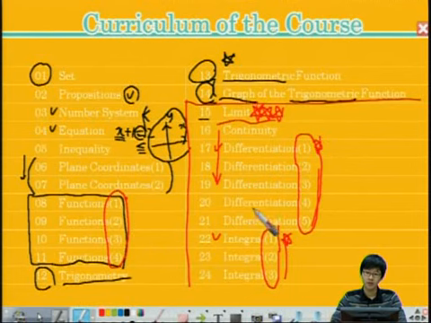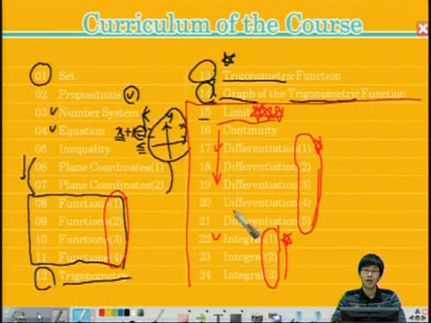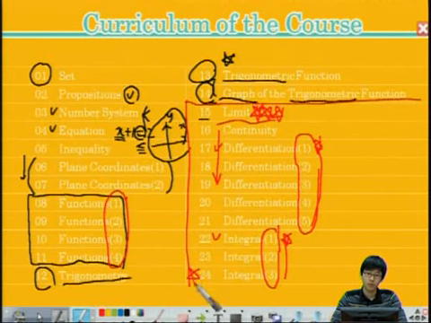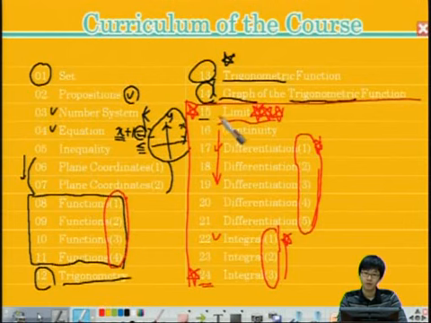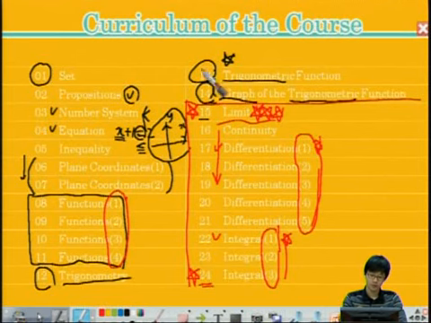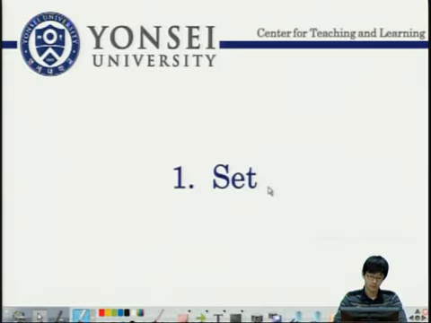If you understand these 3, then I'm sure you understood all of my course. Especially this chapter 24 is hard, and the starting of the second half, this chapter 15 is hard. So this was the curriculum of my course, and I'm gonna start with the set.